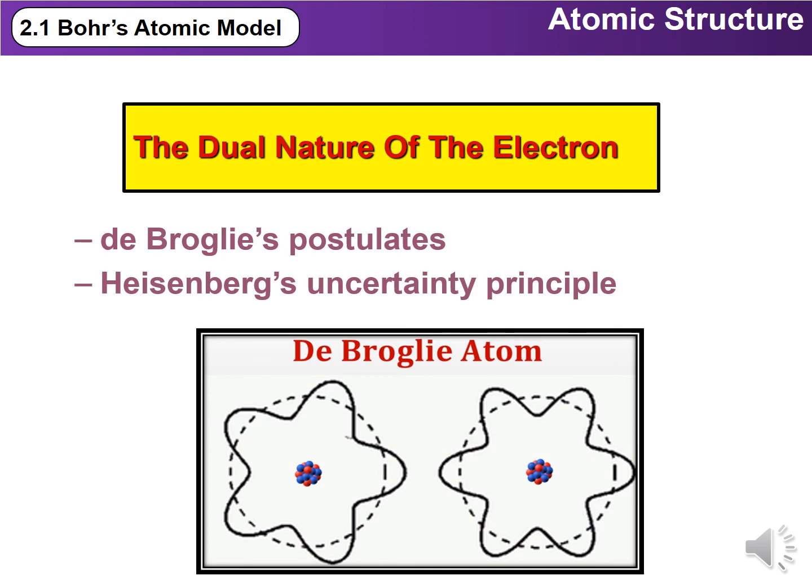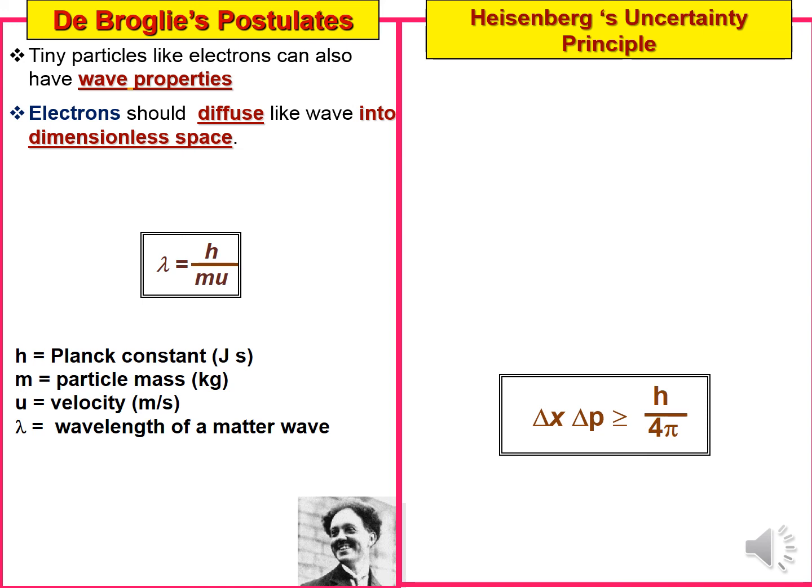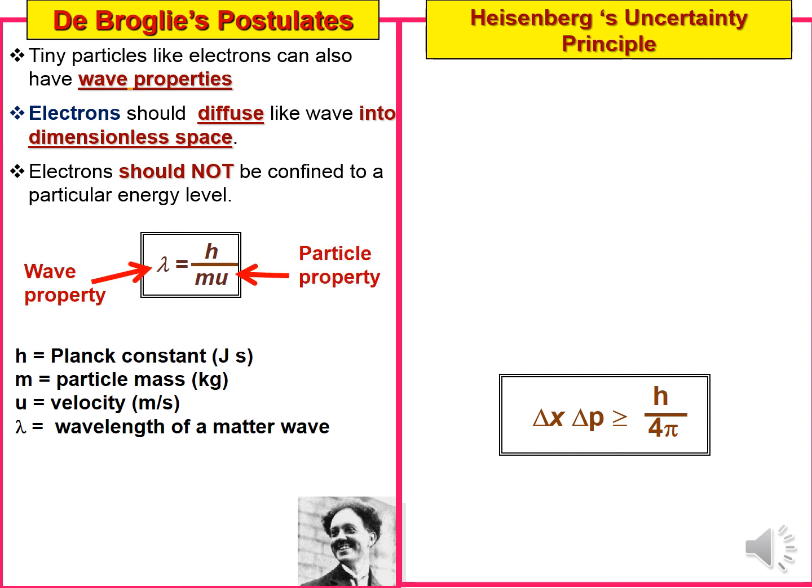These two principles came out because the atomic model by Bohr cannot explain extra lines. So for that, we have an equation. The equation is telling that the electron is not a particle, it is a wave. So to calculate the wave, we have an equation there. For the Heisenberg uncertainty principle, we also have another equation.